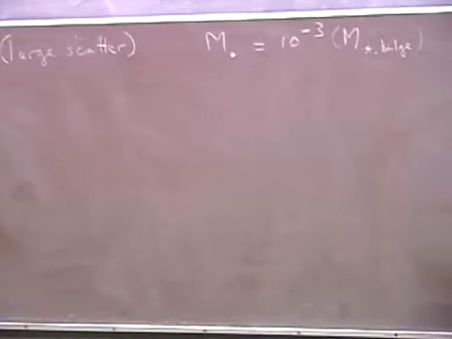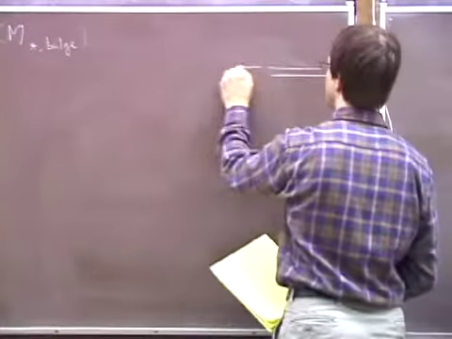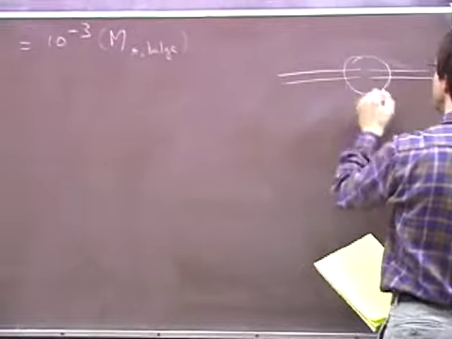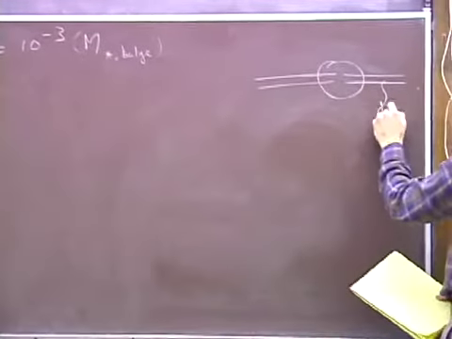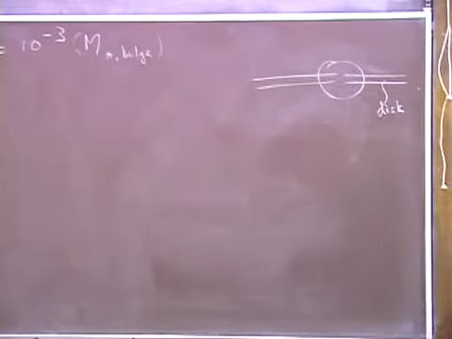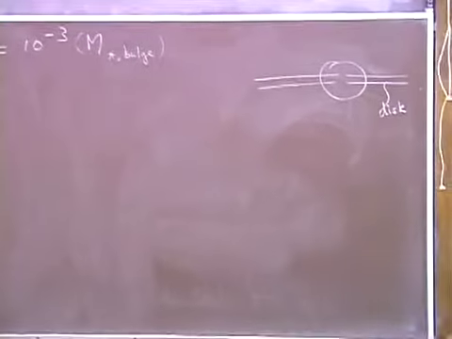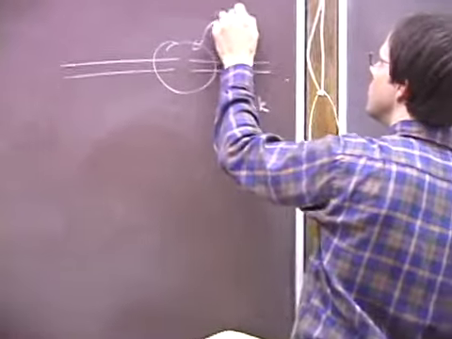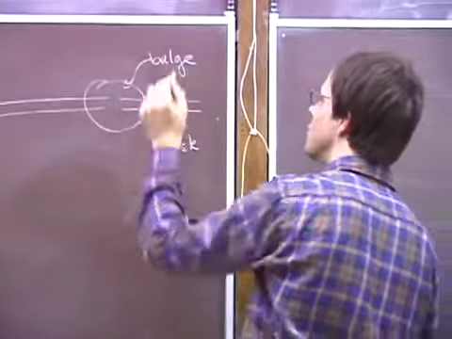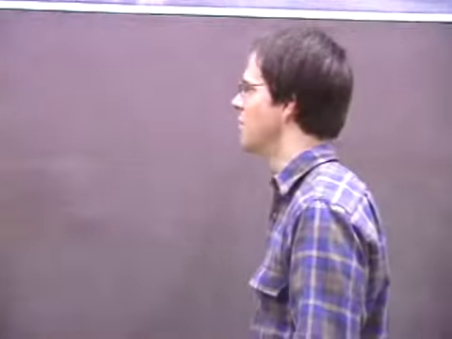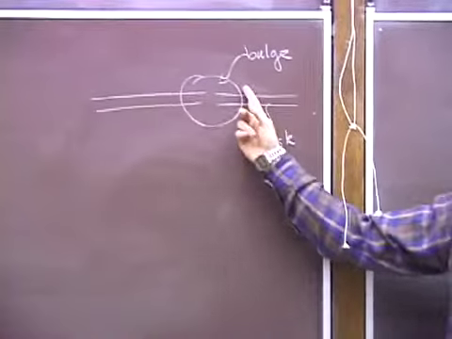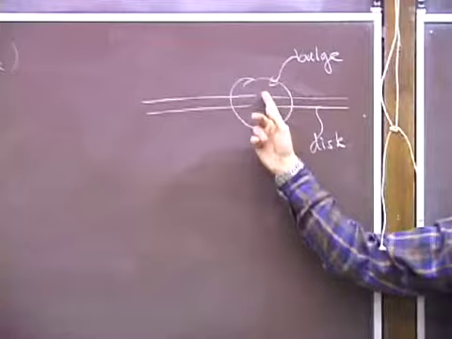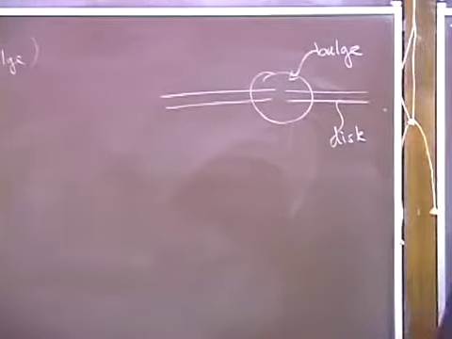Now I say bulge because galaxies generally have 2 pieces. There is the disk, with young stars and currently forming gas in it, and there is the bulge. It's typically rather roundish, or at least lemon-shaped or peanut-shaped or something. And it consists of much older stars with very little gas and current star formation.